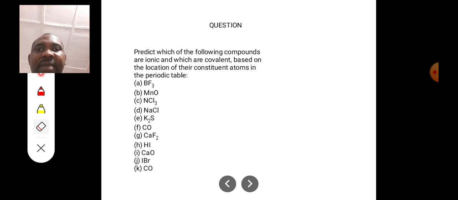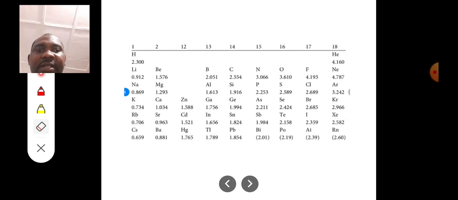Let's see the next. We have manganese and oxygen. Manganese, where is manganese here? Can I find manganese? Okay, I can see manganese here.